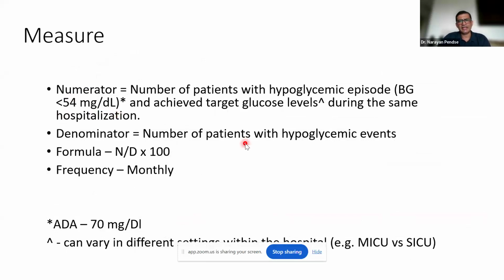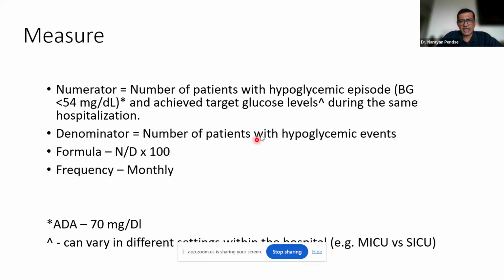So while the ADA and the clinical definition may be 70 milligram per deciliter, NABH has given 54 milligram per deciliter for their KPI reporting, and you need to comply with that for NABH reporting purposes. So it would be better if the hospitals take all cases as less than 70 in their count and separately report those less than 54 for NABH reporting purposes.